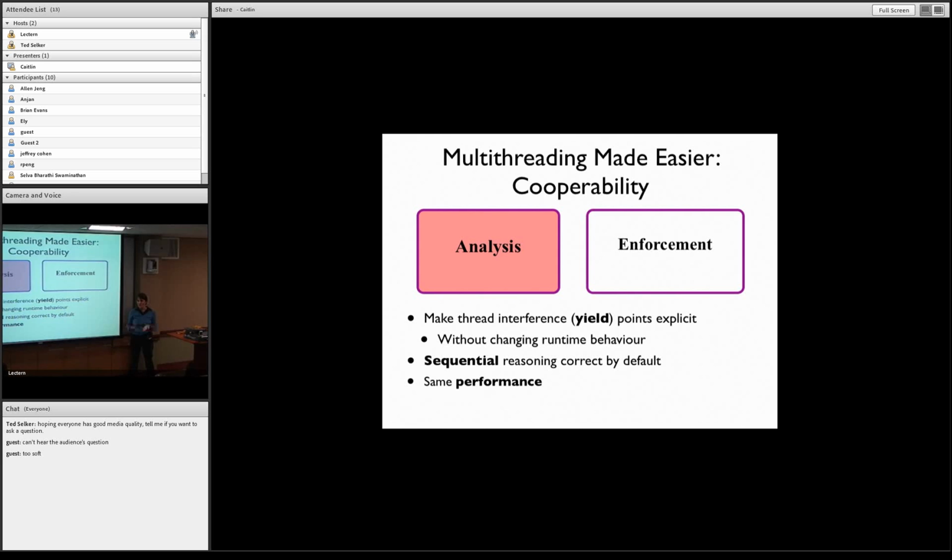So sometimes you need to switch threads. It's okay. And other times, well, you didn't mean to switch threads in there. That's why you were protecting it with locks, but you forgot and used two different locks or something. So I guess the idea here is that a lot of these different kinds of errors, so atomicity violations, data races, and to a lesser extent deadlocks, they kind of come down to an unintended point of thread interference.